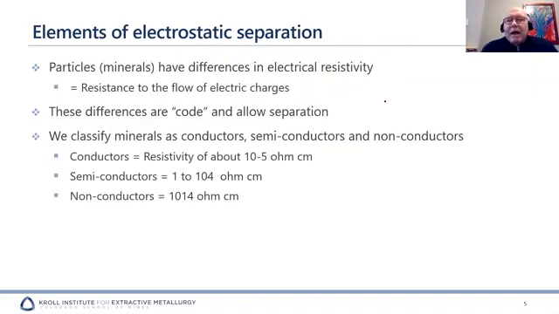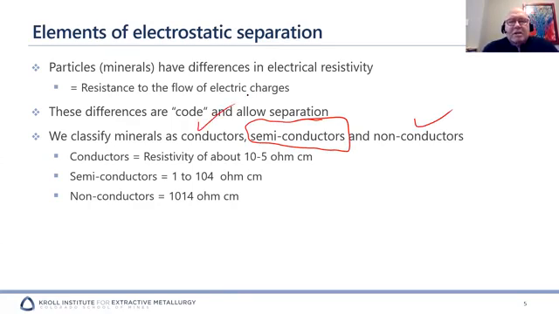How does this work? Well, particles have differences in electrical resistivity. They have a resistance to the flow of electric charges depending on the nature of the beast. These differences, the conductivity code, we classify generally as conductors and non-conductors, and there are some tables that also have semiconductors.